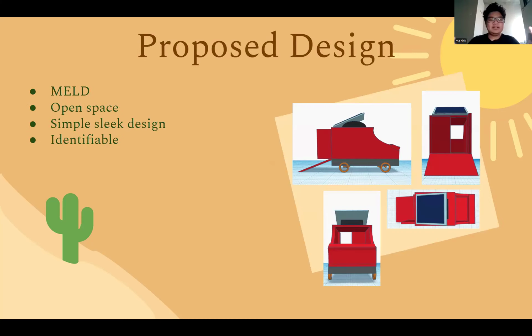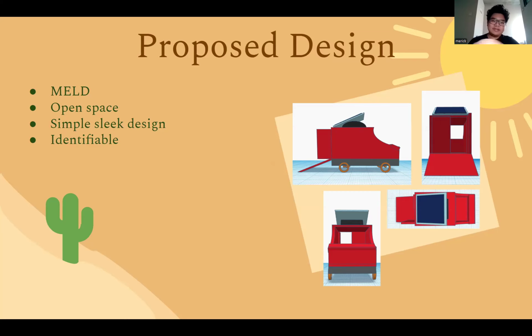The design that we thought of, well, the design before that, we decided on a very bulky design, like a lizard type shape or a design like a Jeep. But this design in particular is a wonderful design based on the open space and the very simplistic outer edge, so it's very identifiable and noticeable.